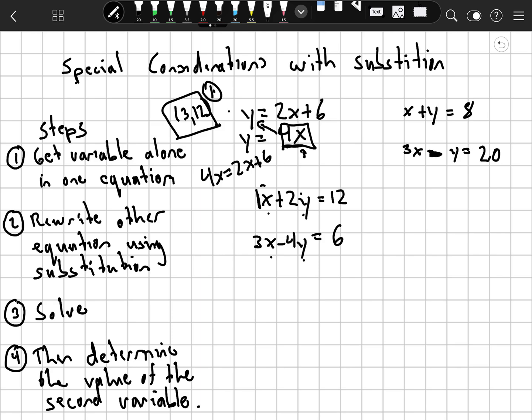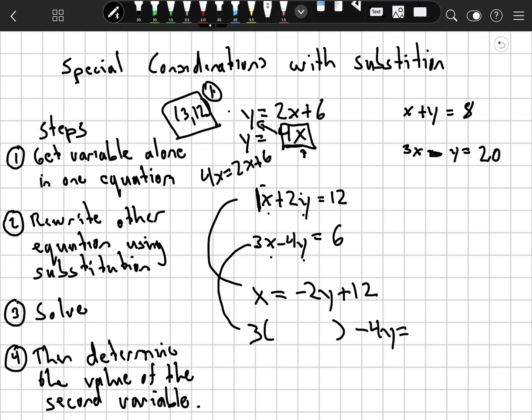So here's kind of a rule of thumb. Whenever you have one x or one y, that's the thing that you want to isolate. So in this case, let's subtract 2y from 12. So we get x equals negative 2y plus 12. Then I'm going to rewrite this one. 3 and blank minus 4y equals negative 6.